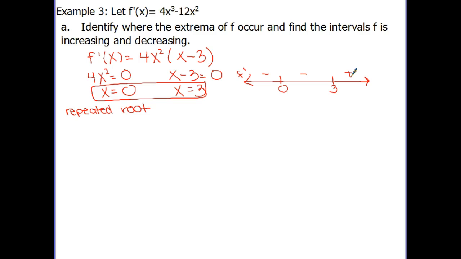So 0 isn't like delay. So 0 is not, exactly, 0 is not an extrema. It means the graph is decreasing and continues to decrease until 3, and then at 3, it goes to increase.